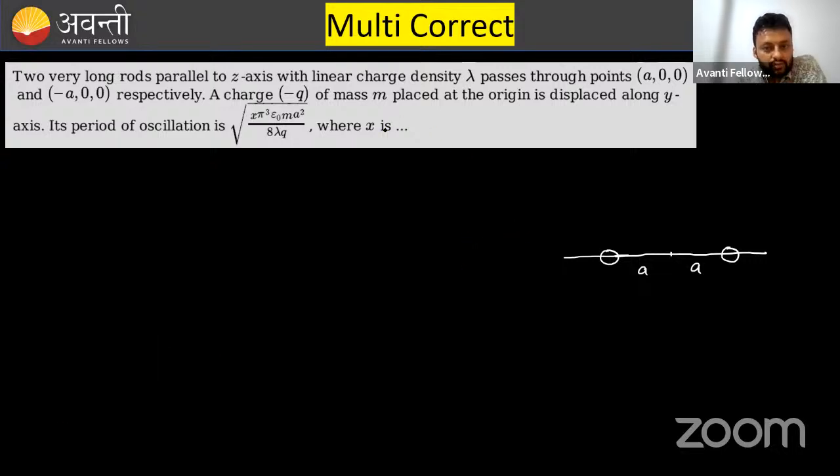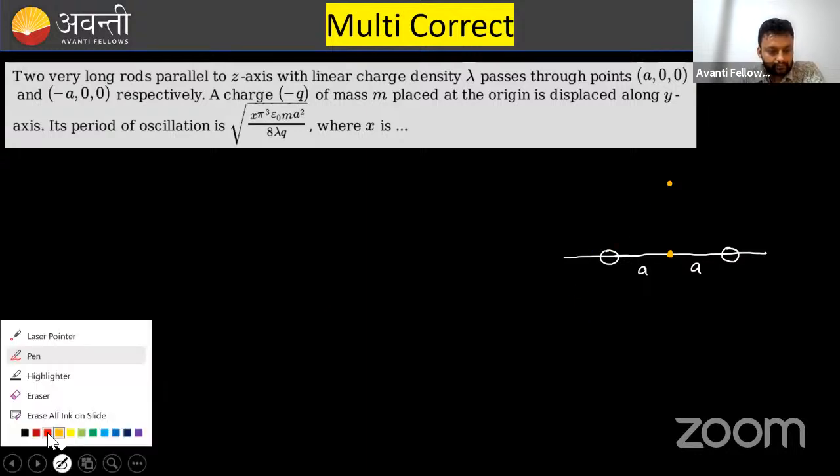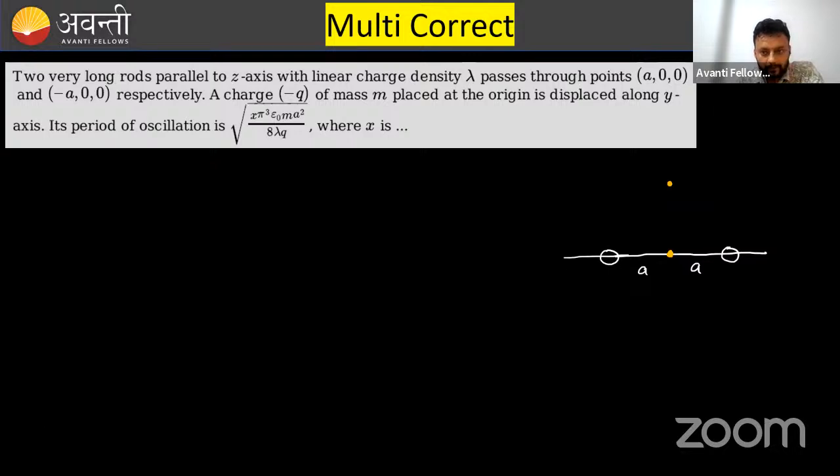a charge minus q of mass m is placed at the origin. If I place a mass here, place a charge here, then it will be in equilibrium. You know this. If I displace it, let's suppose it is being displaced up to this point, and the distance of movement or displacement is given as y.